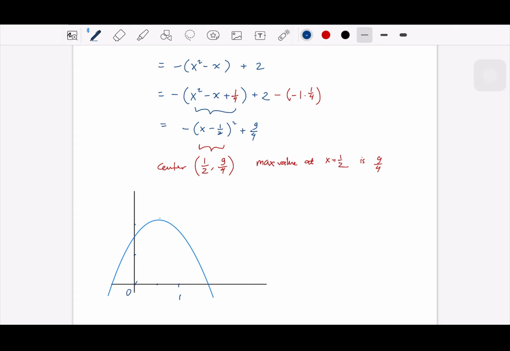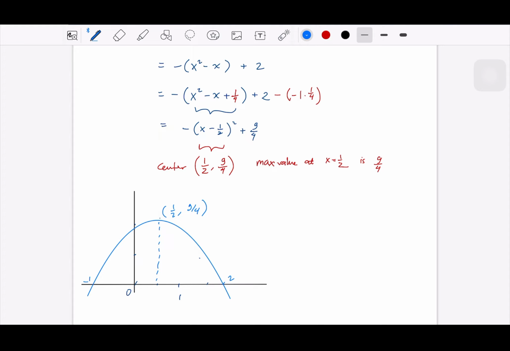This is negative 1, this is 2. And this is the maximum value, which is at half and 9 over 4. More or less this is how it looks.